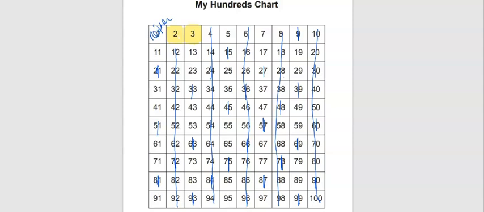Now one more time I'm going to say the reason these were marked out is because they are all multiples of 3. That means that they are divisible by 3, but they're also divisible by 1 and themselves, which makes them composite numbers. Now my next prime number would be 5, because 5 is only divisible by 1 and itself.